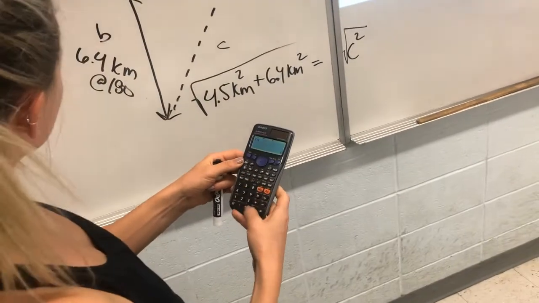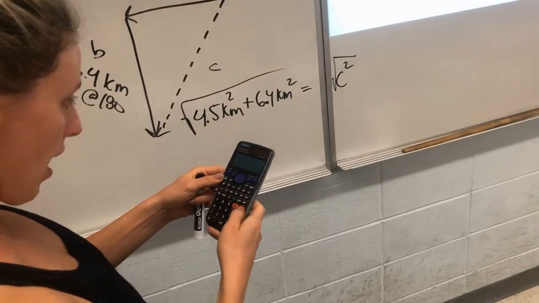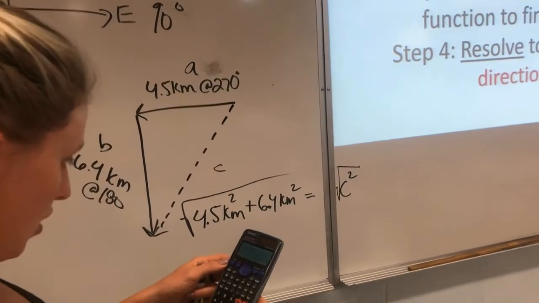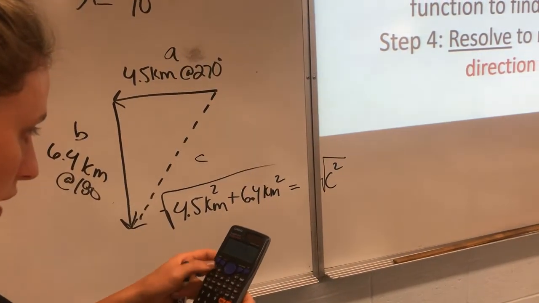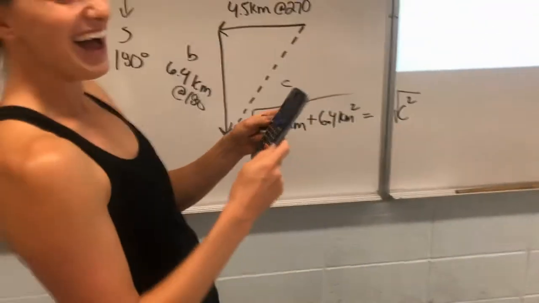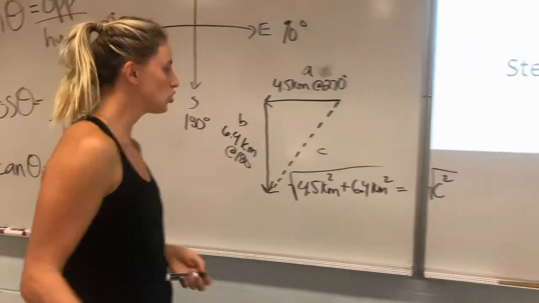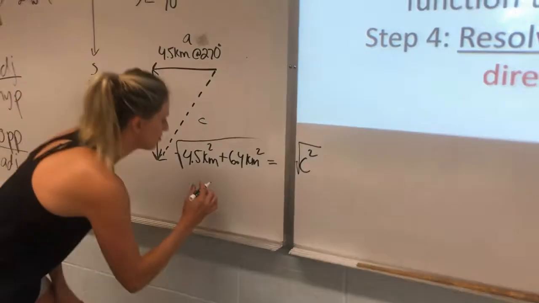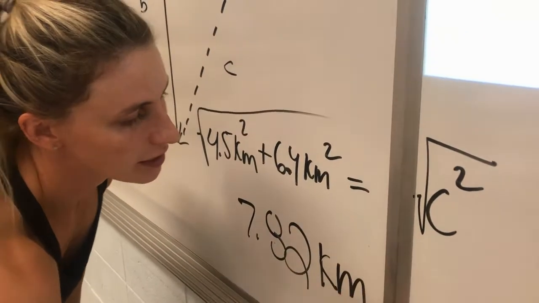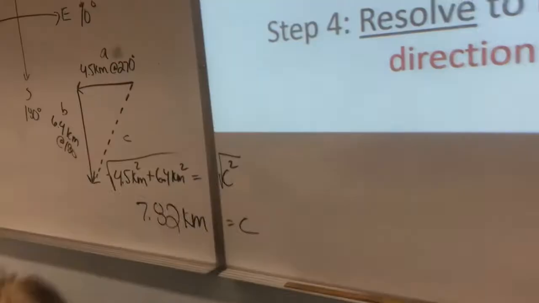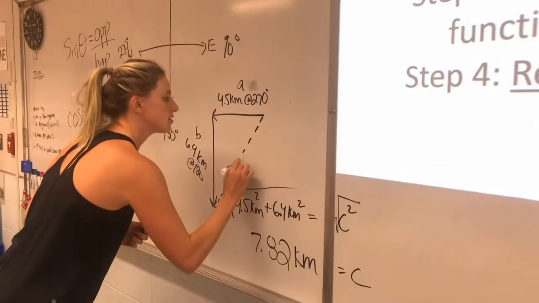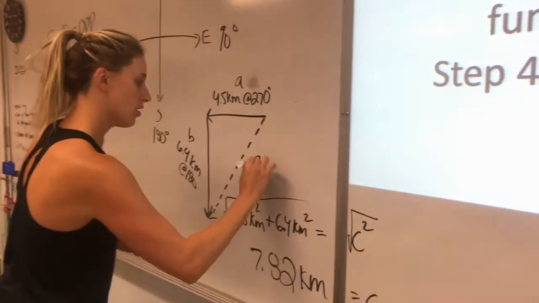Okay, so square root of 4.5 squared plus 6.4 squared equals, and I get 7.82. Bombs away. 7.82, and we're talking about kilometers here, equals my C. So that is the magnitude of my resultant. That's this part right here. That's my C.